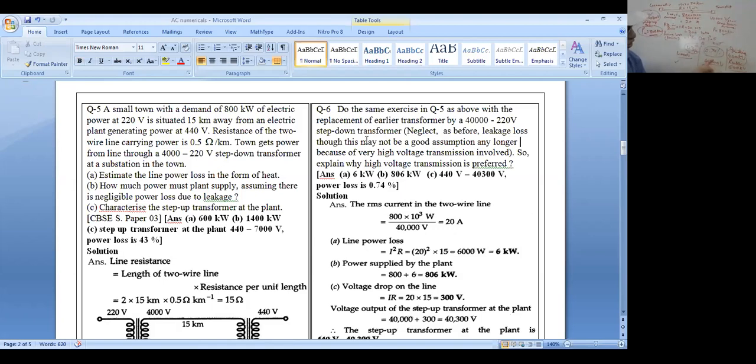So just note down this point also. It is a very valid point, very important point here. We must increase the voltage.